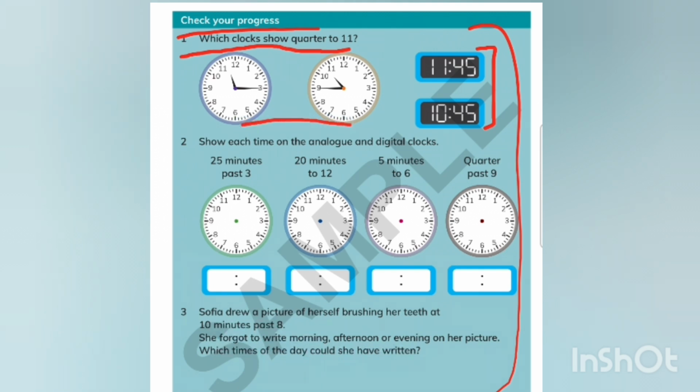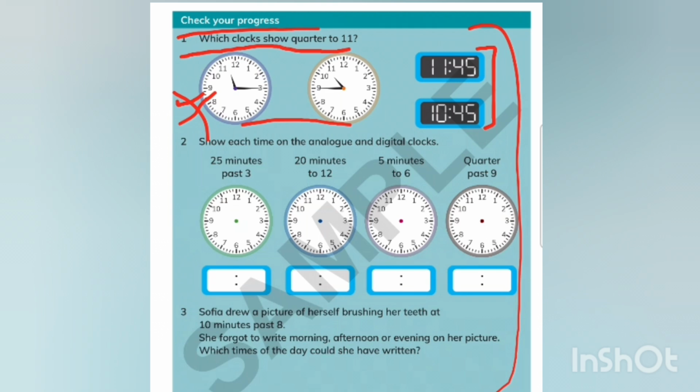So which clock is showing quarter to 11? First we will read this clock. The small needle is on 11 and the big needle is on 3. 3 means 15, and 15 means quarter past, so this is wrong. It is not showing quarter to.